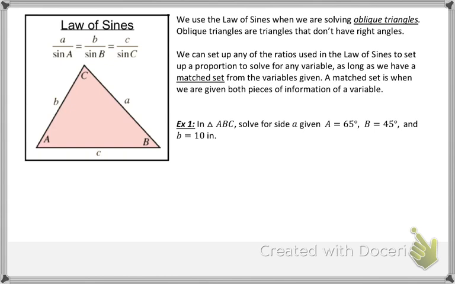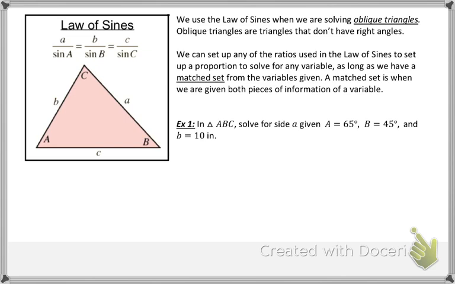And what the law of sines essentially says is that the ratio, so a ratio is a comparison of two numbers, the ratio between the length of one side of an oblique triangle and the sine of the angle opposite that side is going to be the same for all of the sides and all of its opposite angles in that oblique triangle. And we can set up any of the ratios used in the law of sines to set up a proportion to solve for any variables as long as we have a matched set.